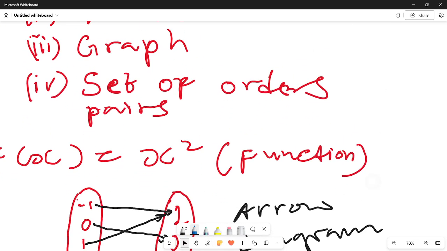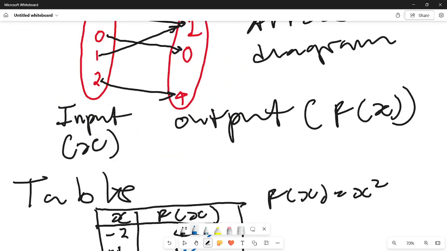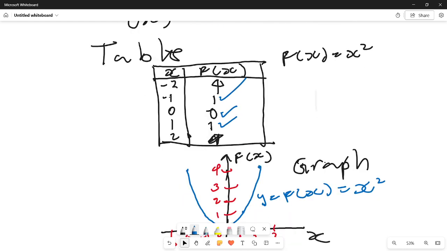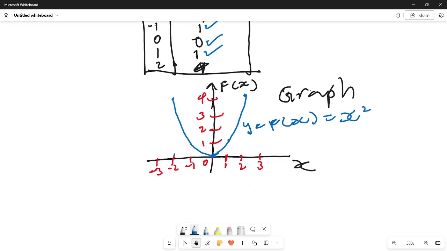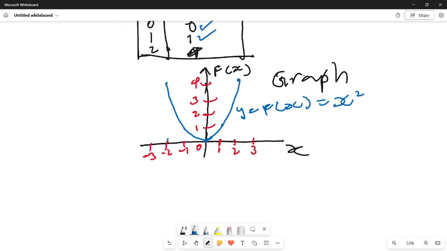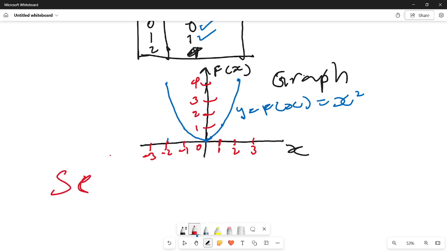The last one was a set of ordered pairs. So as a set of ordered pairs, we can represent it as follows. Let me use a different color so that you're able to see. A set of ordered pairs.